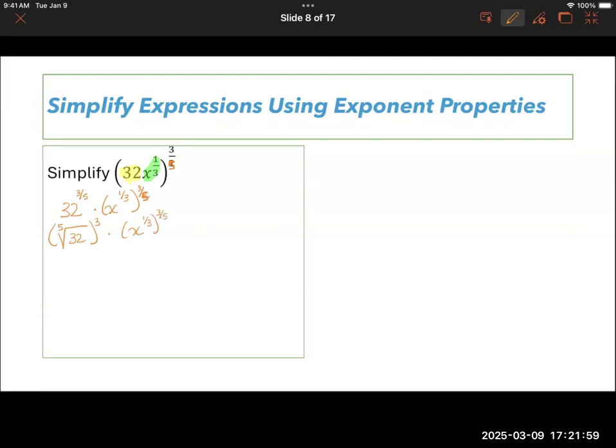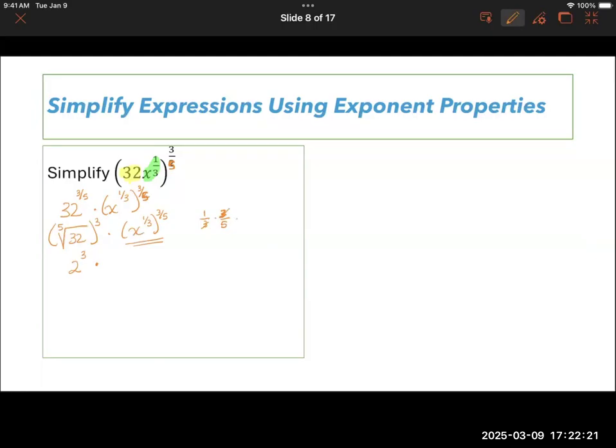Now here, the 5th root of 32 is a 2, and then we're going to cube that. Here, since we're taking a power raised to another power, that means we need to multiply our two exponents. So we'll have 1/3 times 3/5.